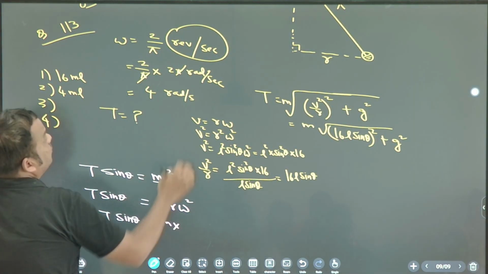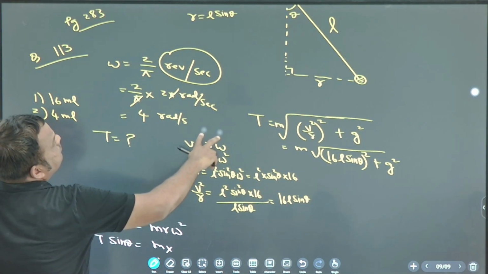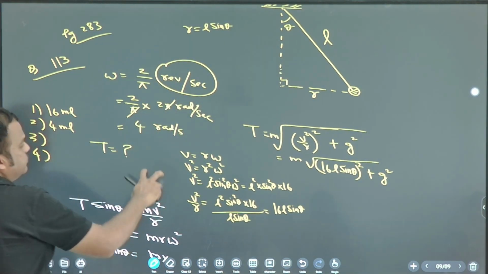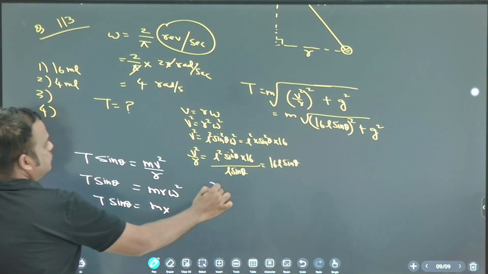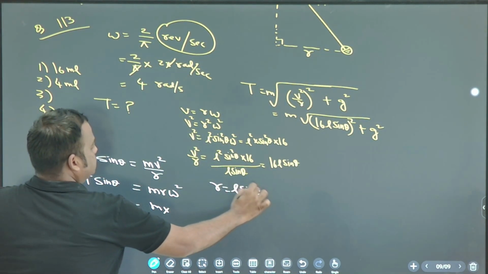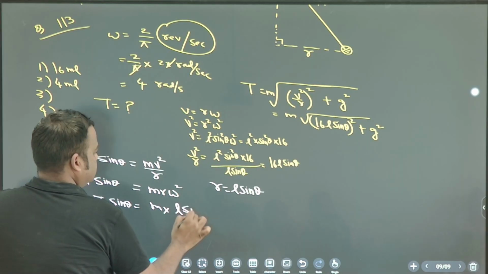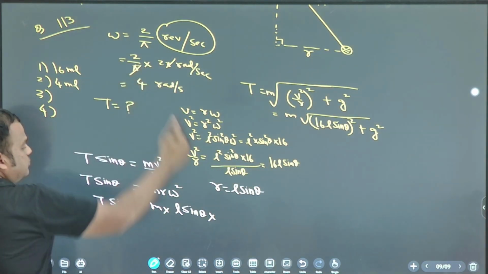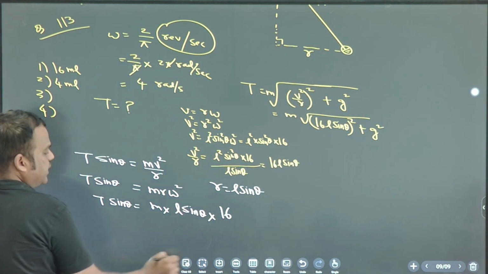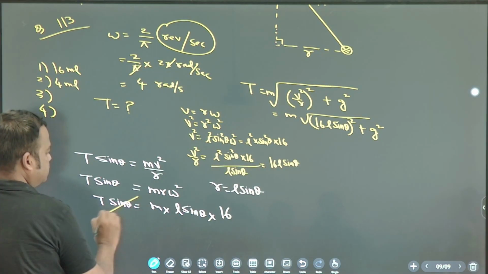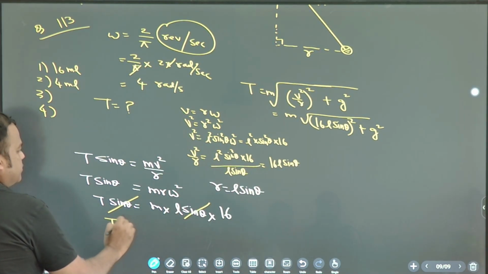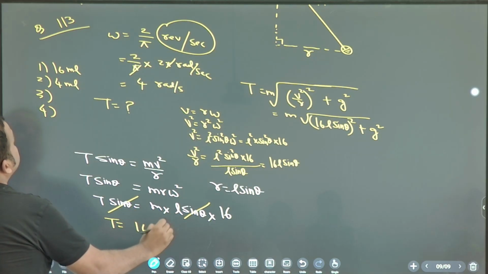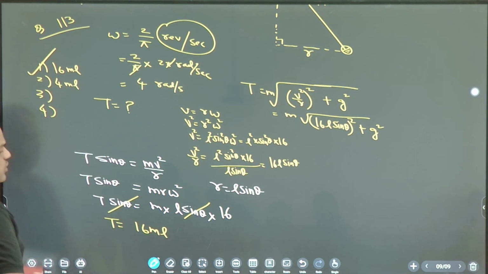So R is equal to L sine theta. And omega square is 16. Now the sine theta cancel. So T is equal to 16 ml. Okay, 16 ml. Note down.